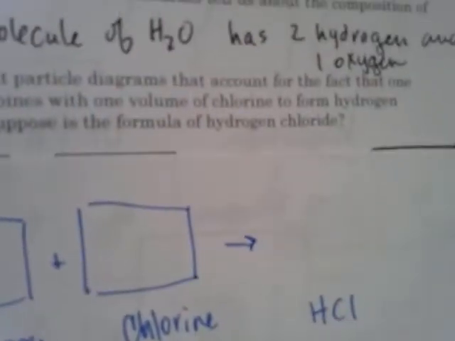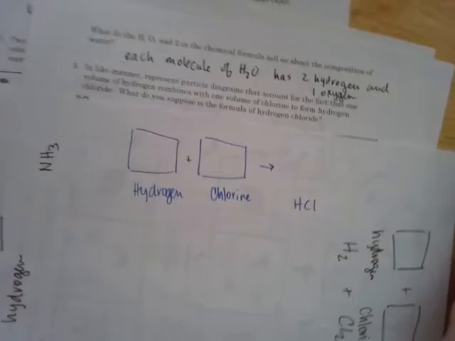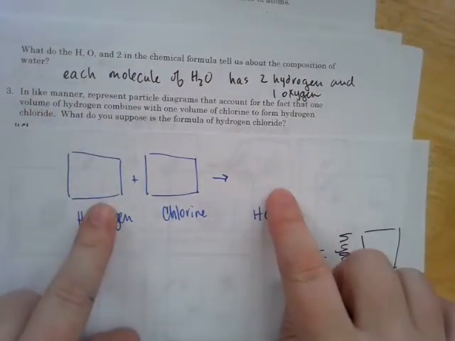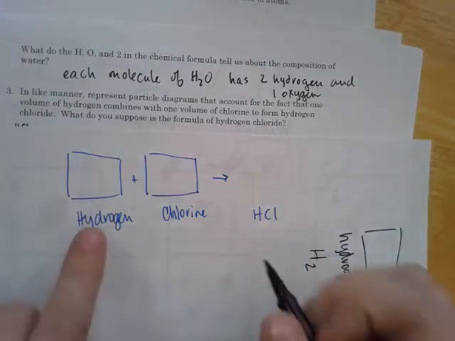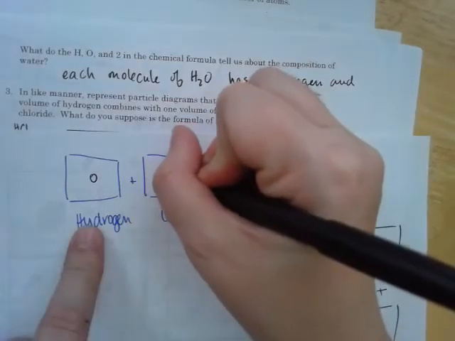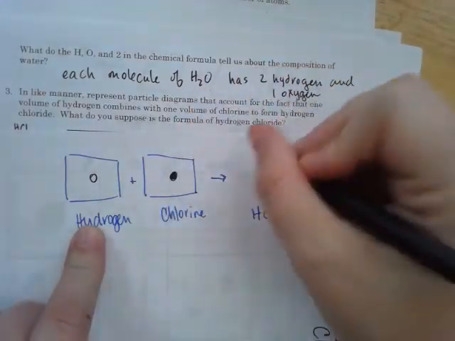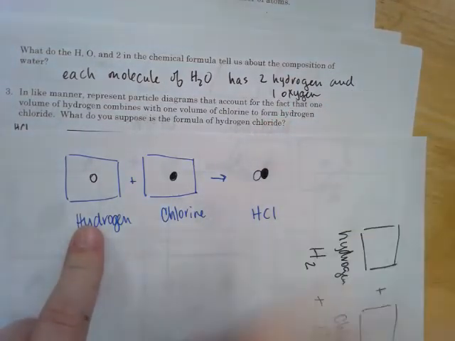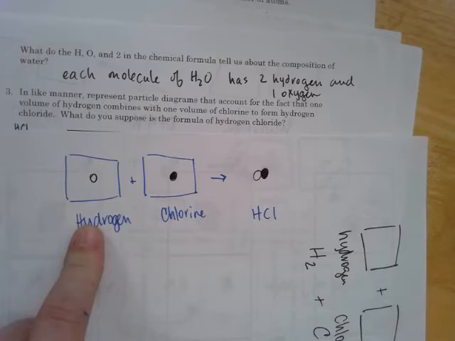So what we said for number 3 was, this was before we knew how many volumes we had on the other side. So if we've only got 1 hydrogen and 1 chlorine, we would expect that our product looked like that. 1 hydrogen, 1 chlorine. And that works.